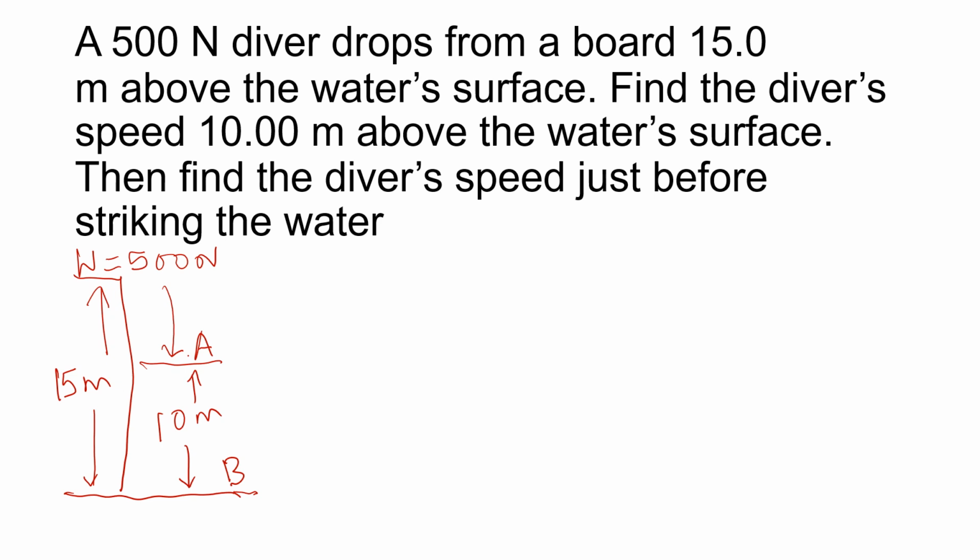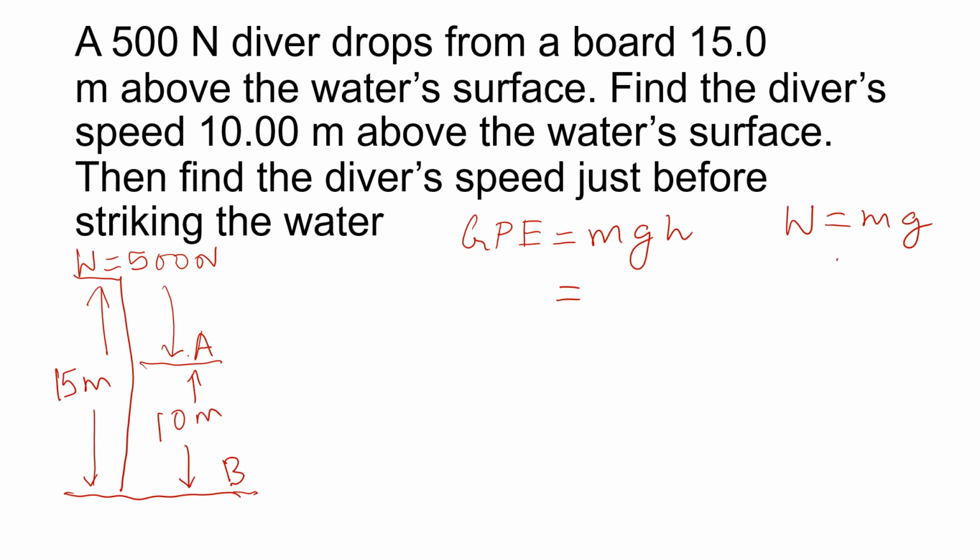So we know when the diver is right at the top, all his energy is gravitational potential. And the formula for the gravitational potential energy is mgh. We know this. So let's find out the value at the topmost point. So we know the weight of a person is given by mass times gravitational acceleration.